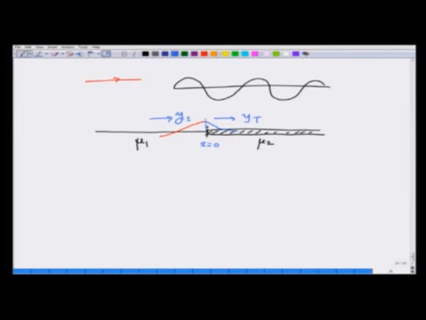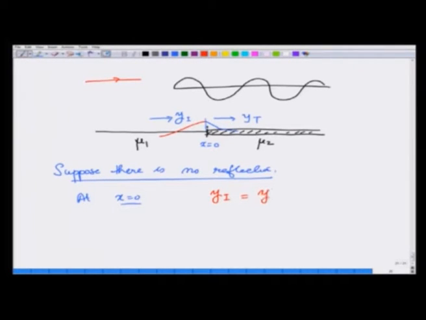Let us say there is no reflection. Then what would happen? I know the displacement should look the same if I come from the two sides. So, at x equal to 0, I should have y I equal to y t.